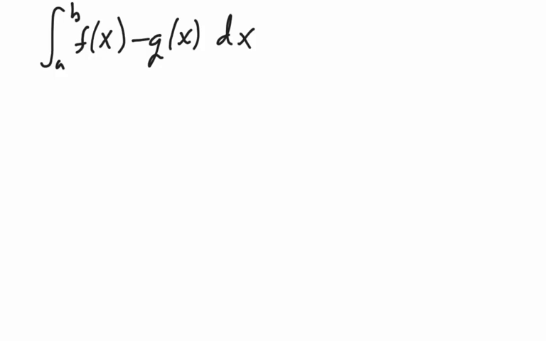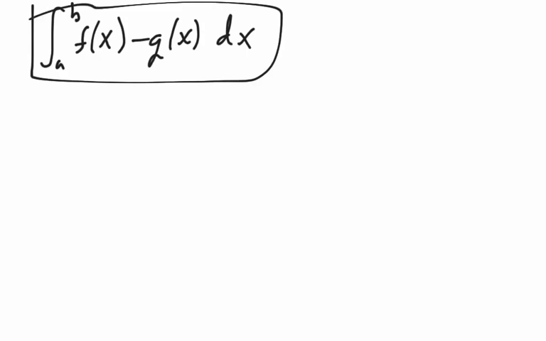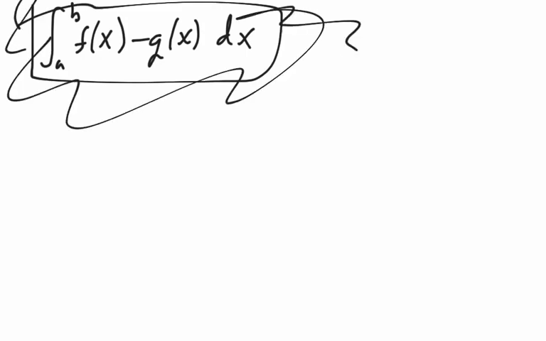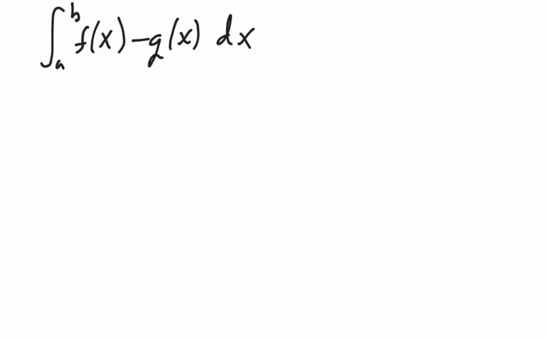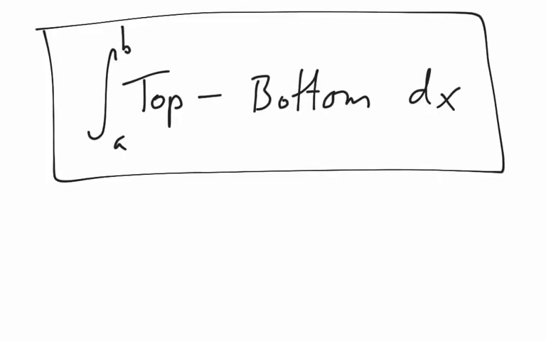Now, before you get all excited and put big boxes and squiggly lines around this, just be forewarned that this is not a catch-all formula. If you would like a catch-all formula, I would recognize this one as the catch-all formula for area between two curves. Specifically for a dx integration, the best way to think about the area between two curves is to just take the top function and subtract the bottom function.